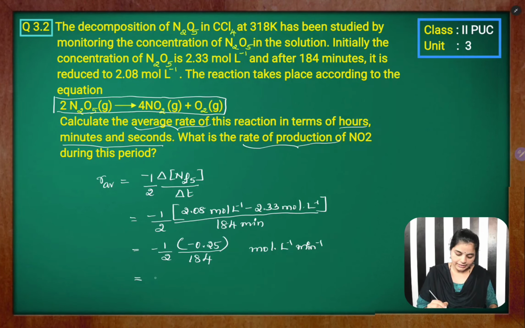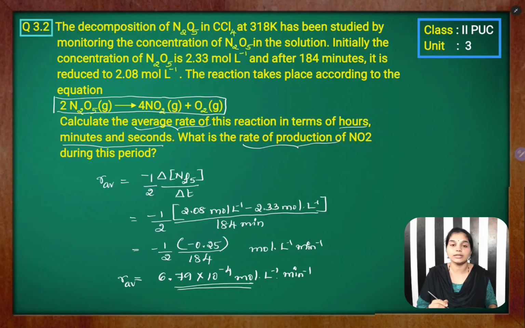So we get the answer 6.79 into 10 to the power minus 4 mole liter inverse minute inverse. So this is the average rate of the given reaction in the unit of time, that's in minutes. Now we need to convert this answer into the unit of time in hours as well as in seconds.